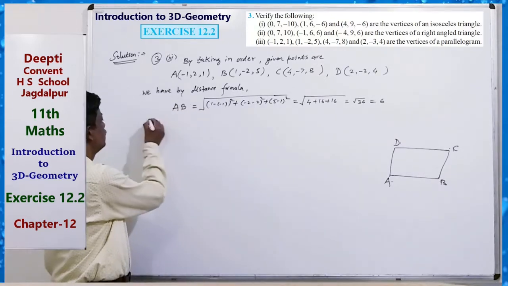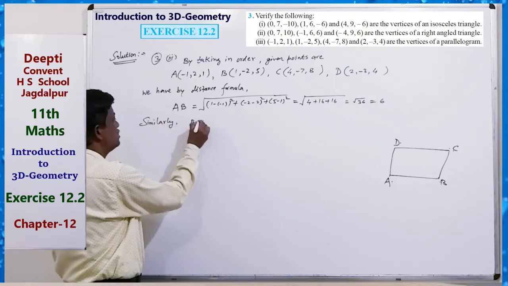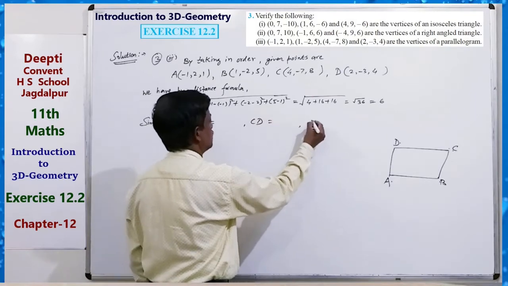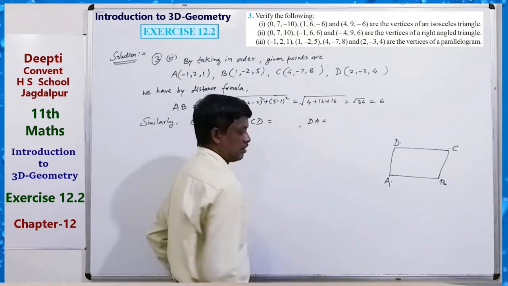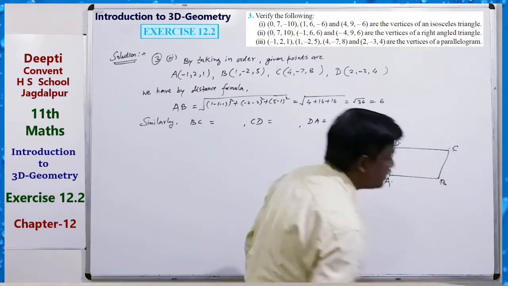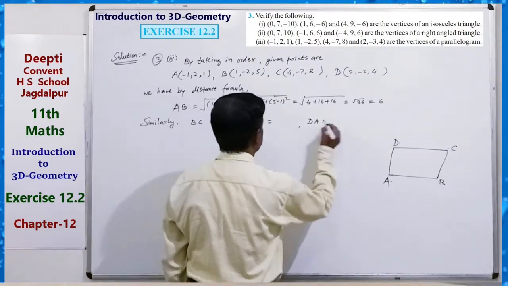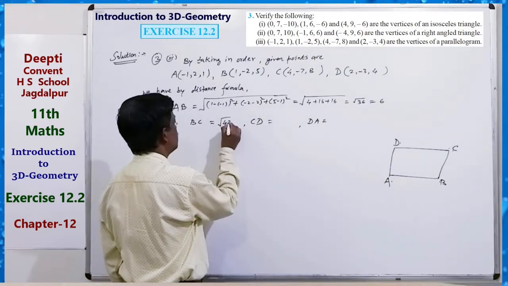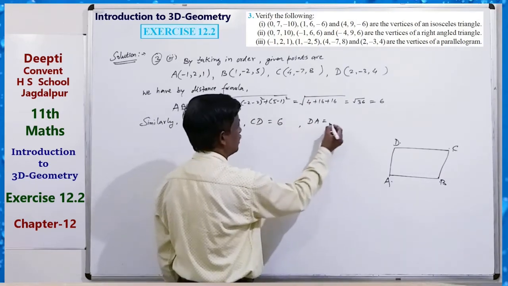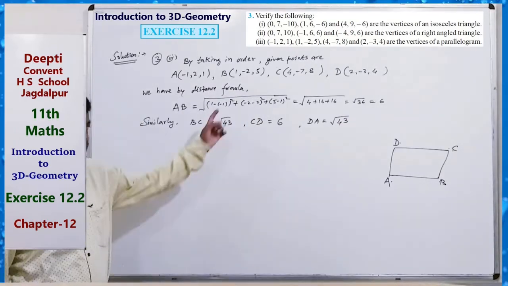Similarly, find BC, CD, DA. BC is root 43, CD is 6, and DA is also root 43.